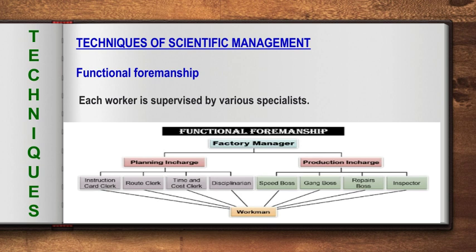And again, under the production in charge, also you can see 4 types of foremen. Under the planning in charge, we have the instruction card clerk, the route clerk, time and cost clerk, and the disciplinarian. And under the production in charge, we have the speed boss, the gang boss, the repairs boss, and the inspector.